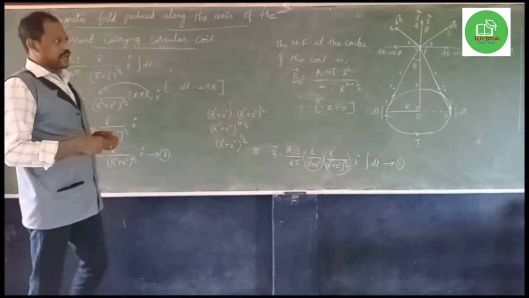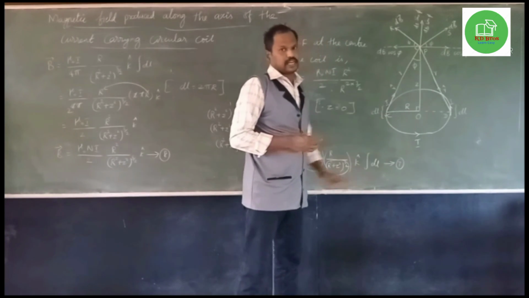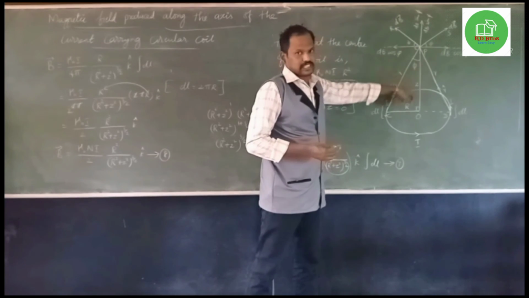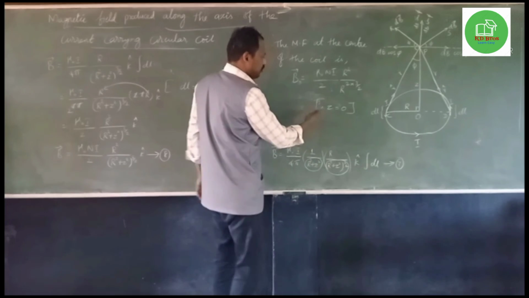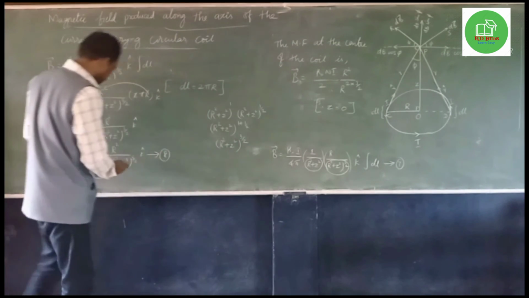This capital N is nothing but the number of turns. Suppose you are trying to calculate the magnetic field at the center of the coil, which means there is no distance. The z becomes 0. So we have to take z equal to 0 and substitute this condition in this equation.